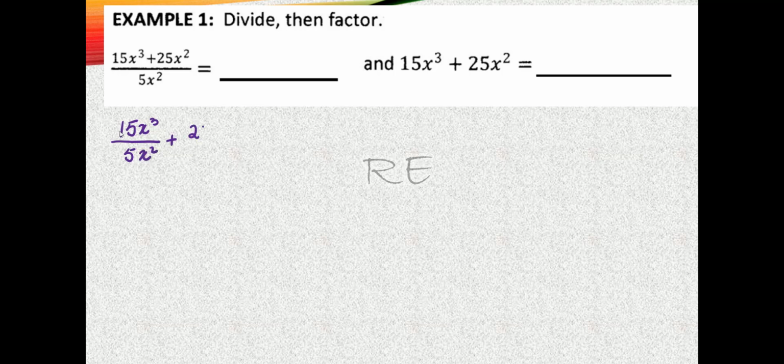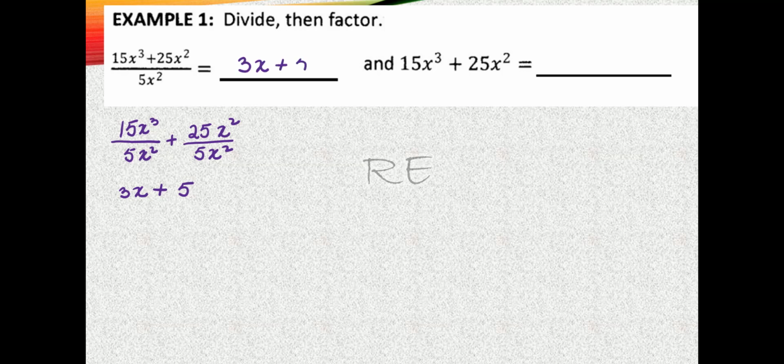First, we're going to divide 15x cubed plus 25x squared by 5x squared. Our first move is to separate the terms and then divide the monomial. We get 3x plus 5.